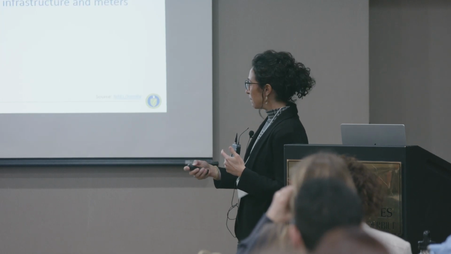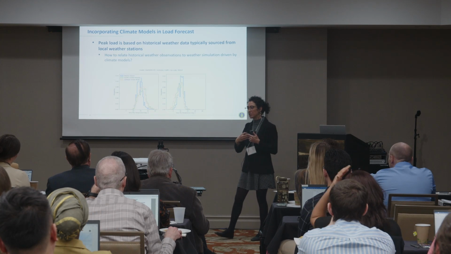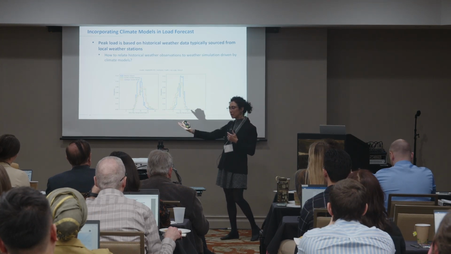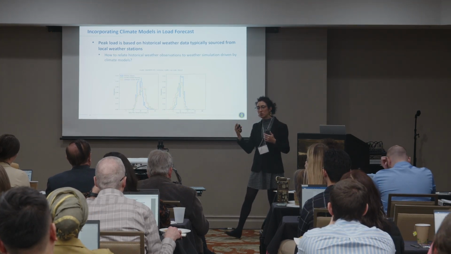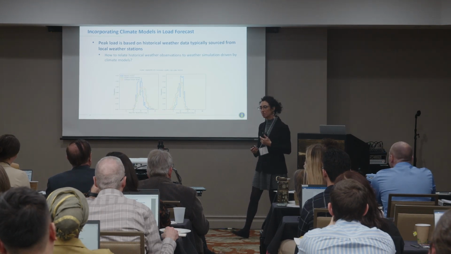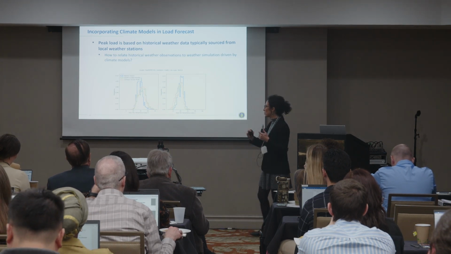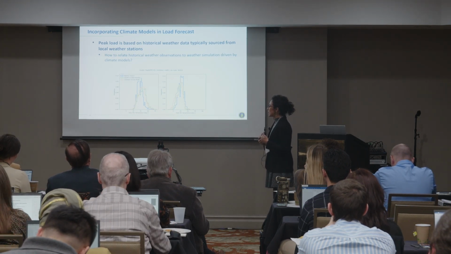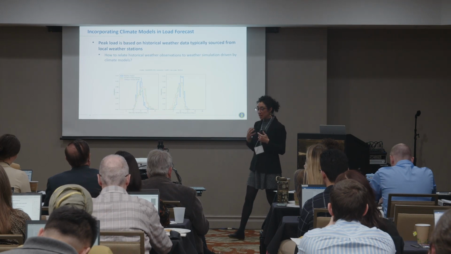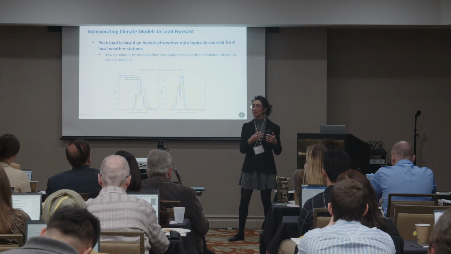But the whole point that utilities are trying to get to is, now that I'm pushing not just for 5 years, but for 10, 20, and 30 years out, do I need to adjust my hot weather day or my cold weather day that is going to drive my peak planning? Do I need to adjust it upwards or lower? But then it's also hard because these models are done on the historical, right?